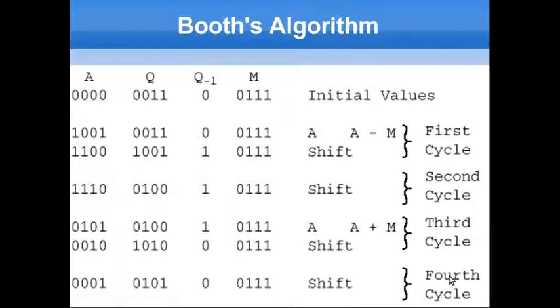The number of cycles is 4 because they correspond to the number of digits in our multiplier.